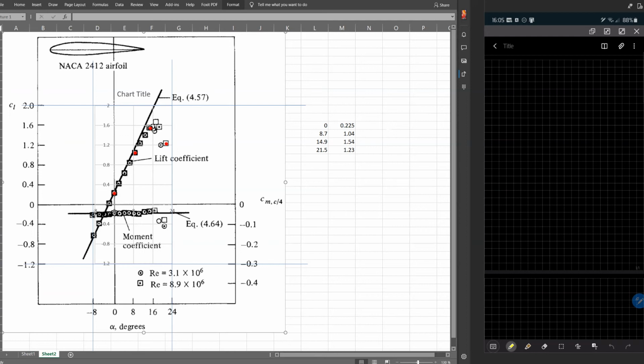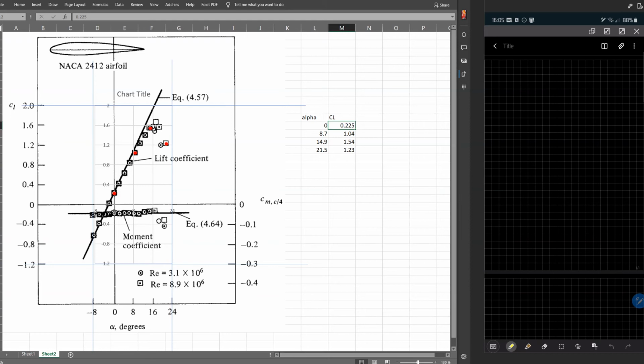representation of these values. What I do, I create a table. This table is composed of two columns. Alpha column is the angle of attack, and here will be, for example, my CL coefficient. And I write some numbers here on the alpha, which I suppose would be close to my experimental results.